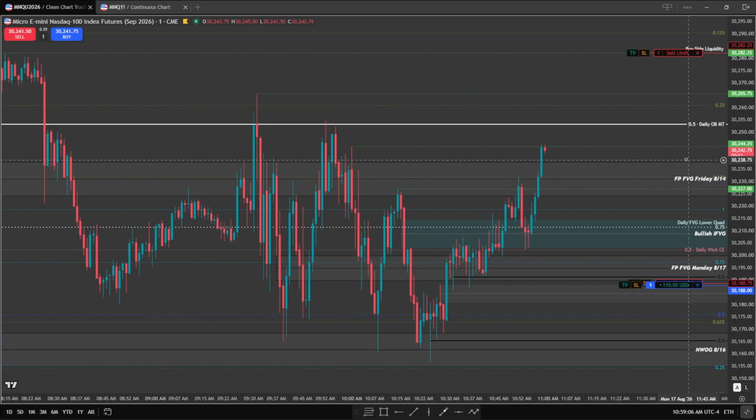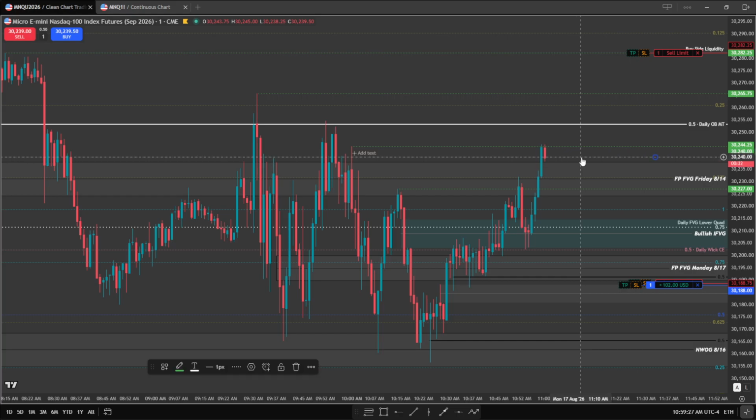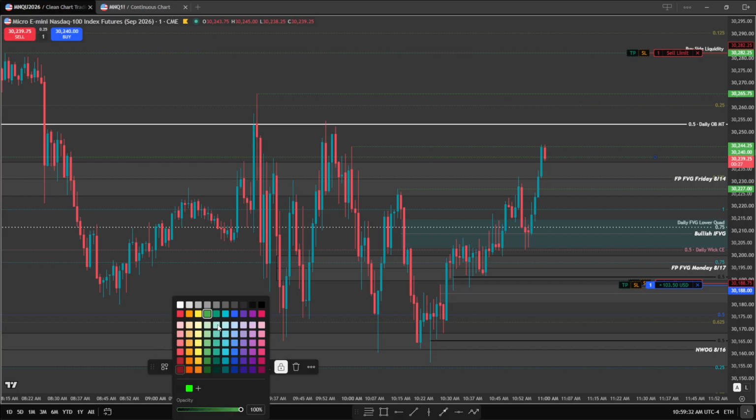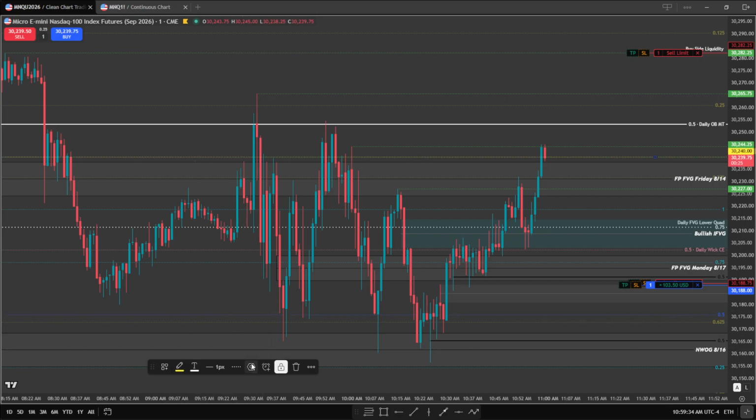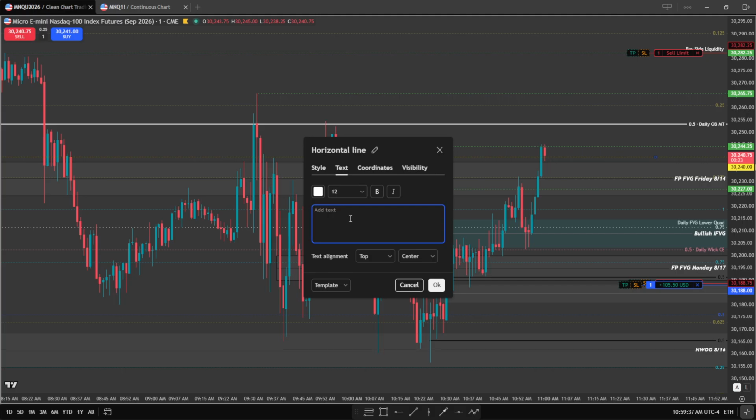So let's see. $100 profit is just about at 240 and a quarter, I think. Yeah, like 240 even. So I'm going to label that. And I don't want it to be green because I have a lot of green lines in my chart already, but I'm going to annotate that as $100 profit.